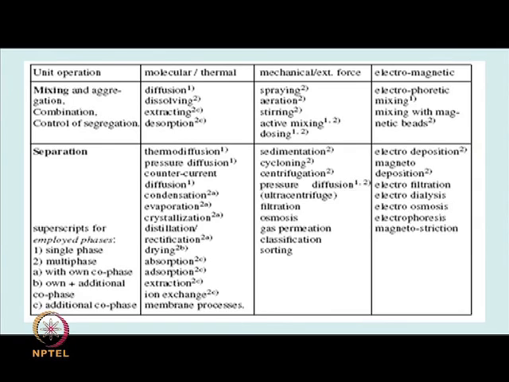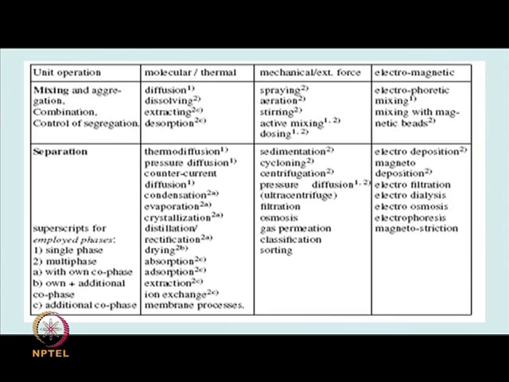Now, if you think about mixing and aggregation, and if you think on the molecular level, then diffusion is a root cause, and there could be some thermal component to it as well. When you think about mechanical, then the mixing can be achieved by spraying, or there can be electrophoretic mixing as well.